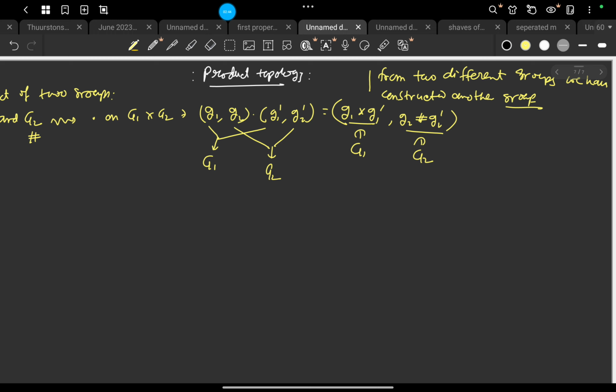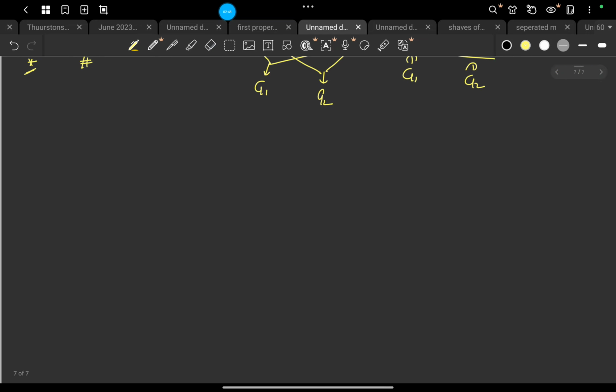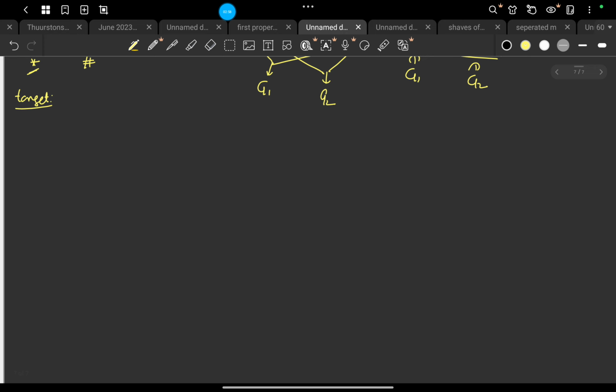So there is also the same notion of this product in case of topological spaces. So what is our target? Suppose we are given two topological spaces (X1, tau1) and (X2, tau2).